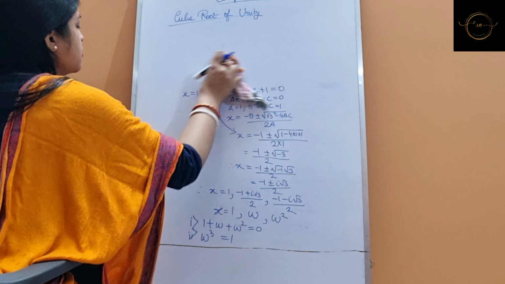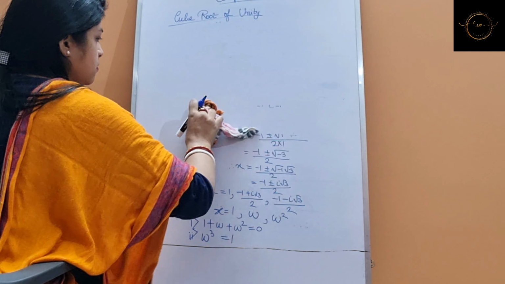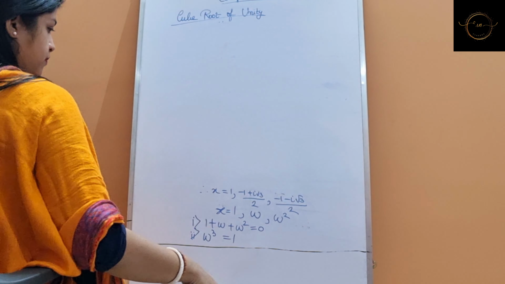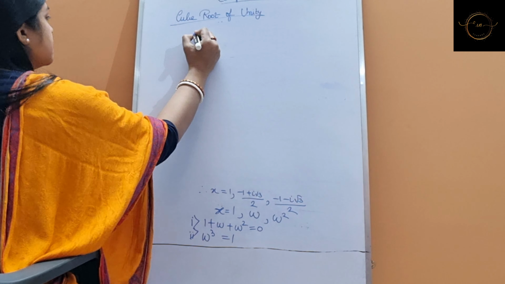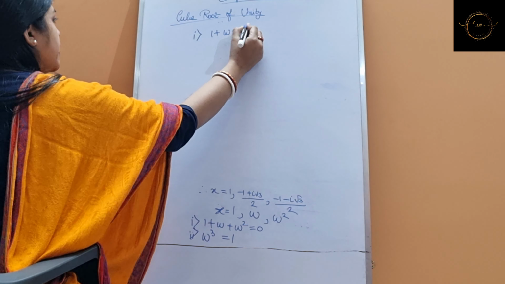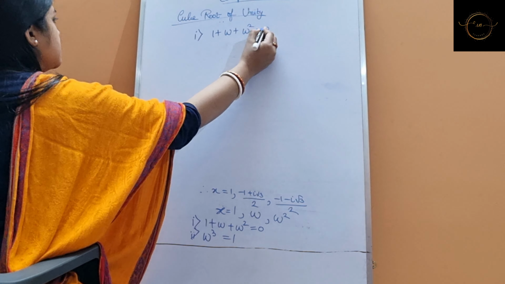So what are the relations we have got from here? We have got 2 relations: 1 plus omega plus omega square is equal to 0.